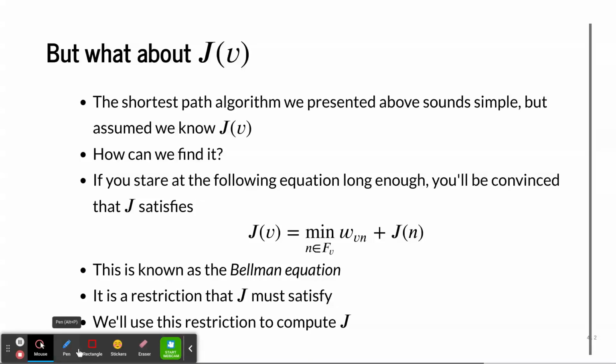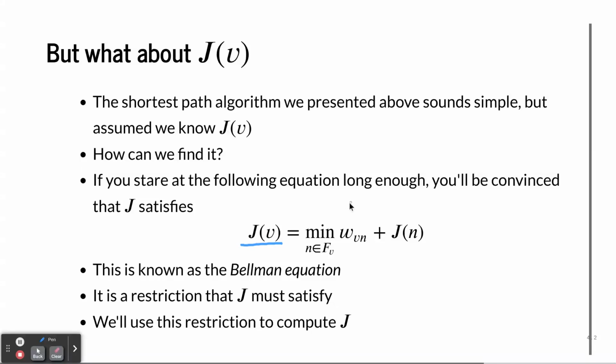Another way to think of this is that if we want to compute this cost to go function J, we can break it into two subproblems. First is the immediate cost of taking an edge or moving along an edge from v to n plus the future cost once we've already arrived at n.